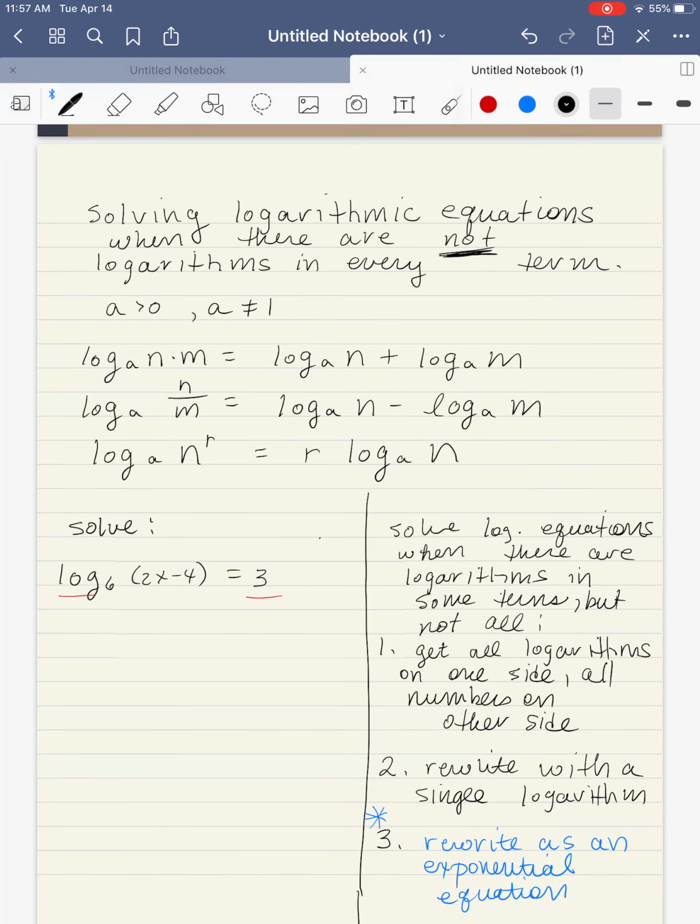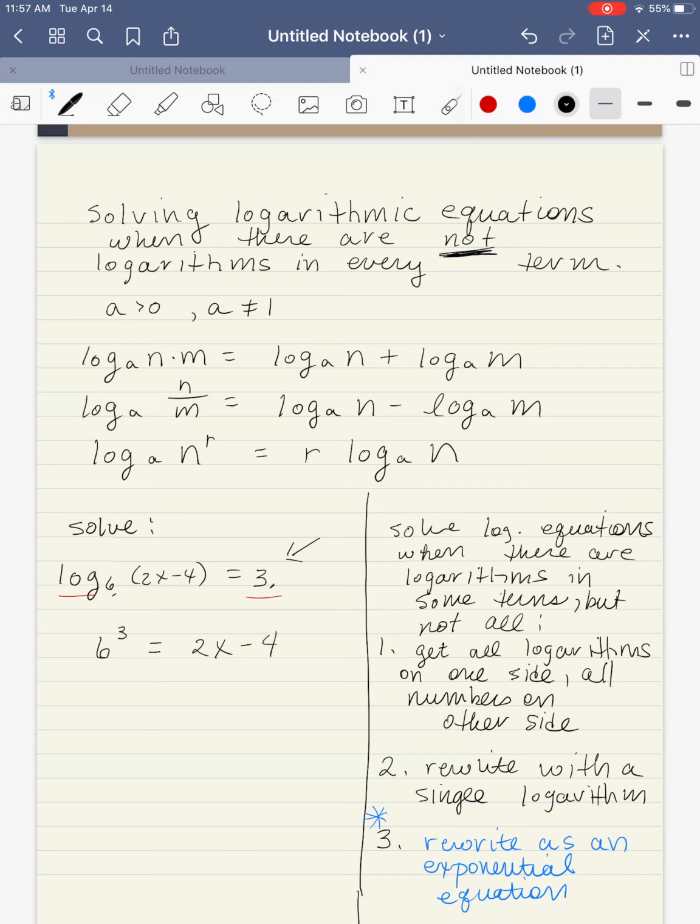So let's go ahead and do that. I want you to try to rewrite this equation right here as an exponential equation. Our base is 6. Our exponent is 3.